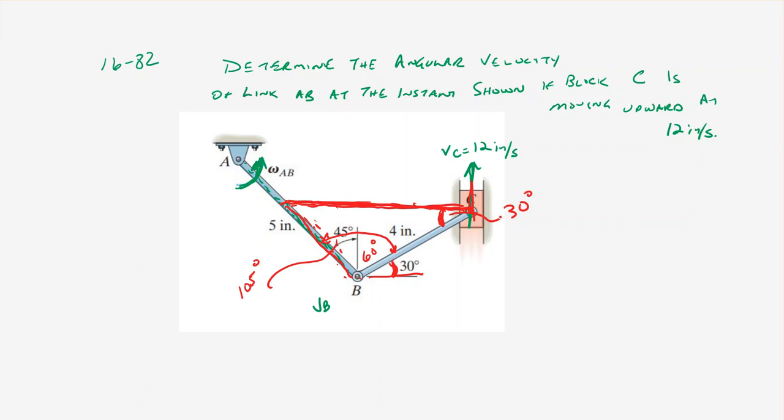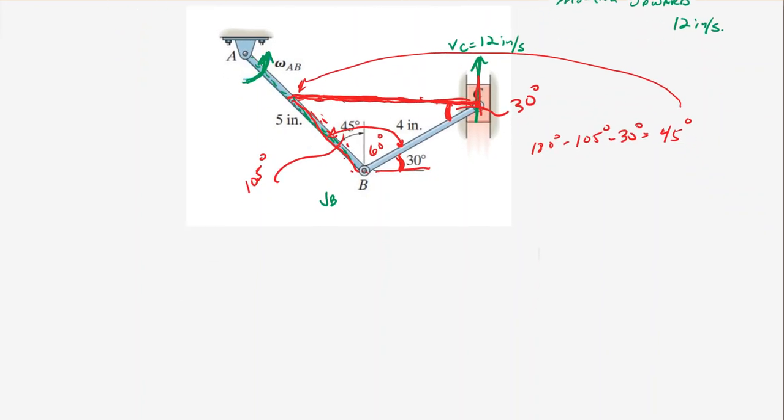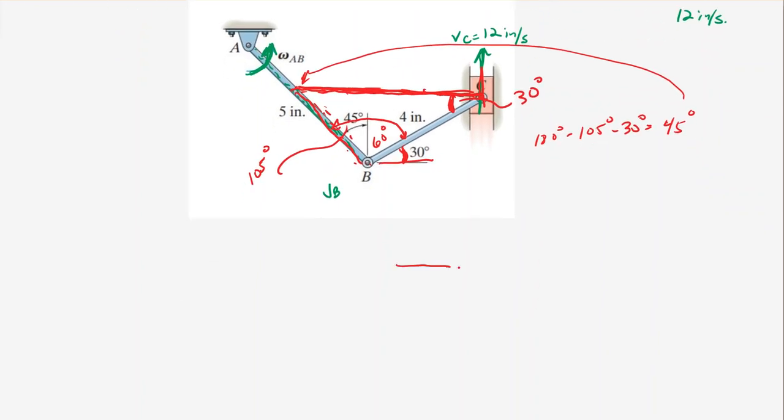So if this is 30, over here at C is 30, down here at B is 105, then 180 minus 105 minus 30 gets you 45 degrees. And that goes all the way over to here. Okay, so what you've got is this lovely triangle that looks like this.